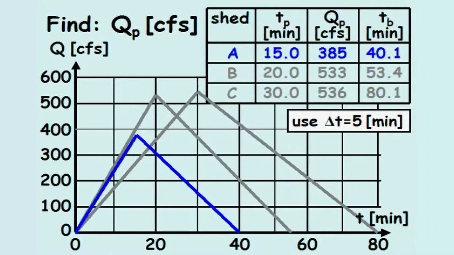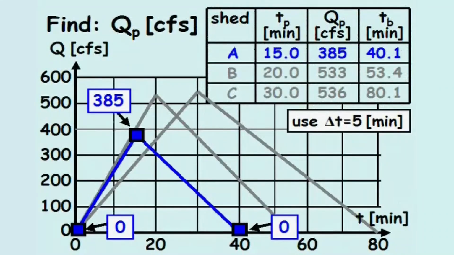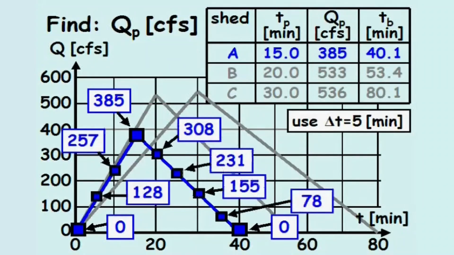Using watershed A as an example, the peak flow rate is 385 cubic feet per second at 15 minutes. And the beginning and ending flow rates are 0 cubic feet per second. The remaining flow rates can be calculated by interpolation.